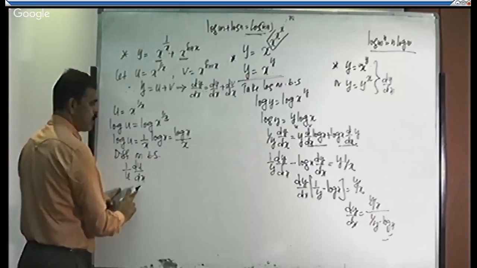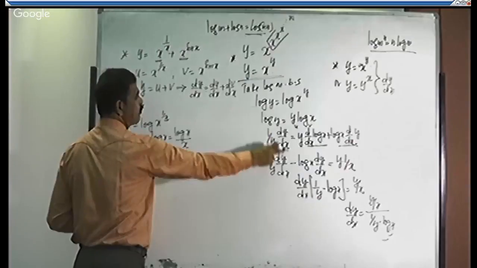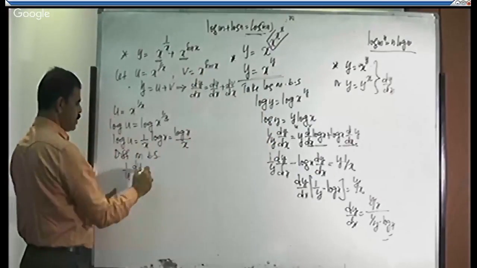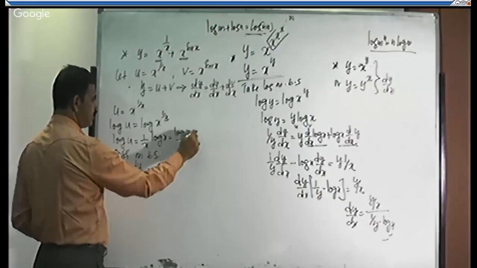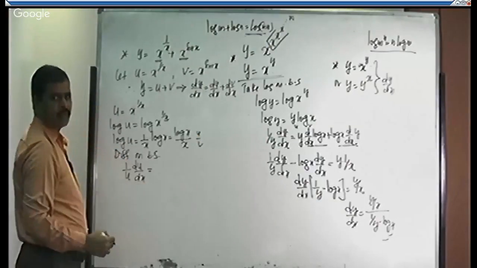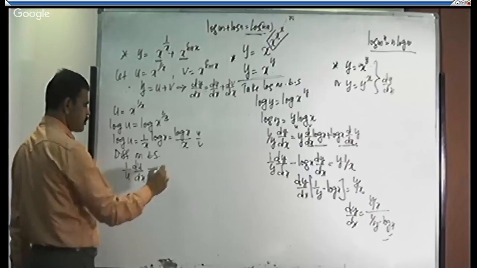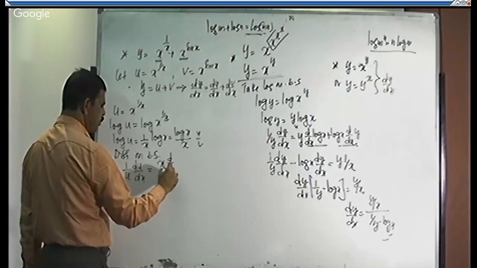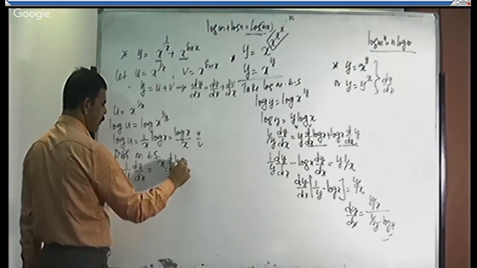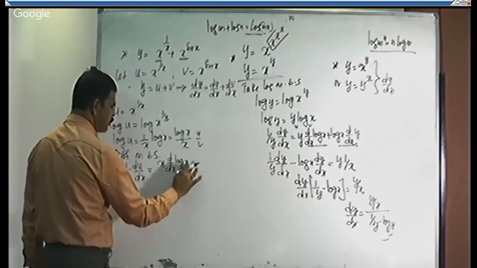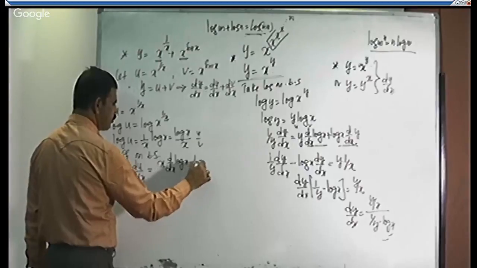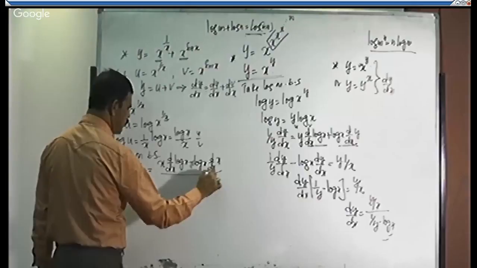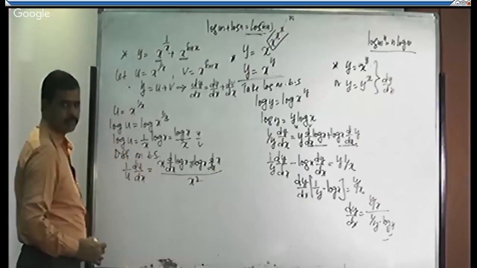You do the same for this type of function. Here we have log x by x, so how to differentiate this? Use the quotient rule. What does the quotient rule state? x into d by dx of log x minus log x into d by dx of x, all divided by x square.